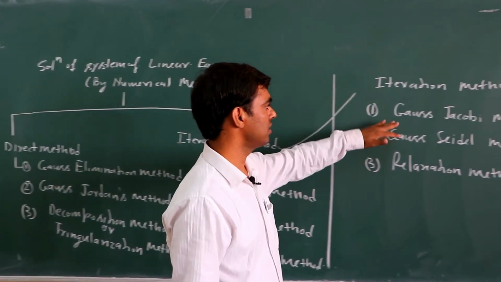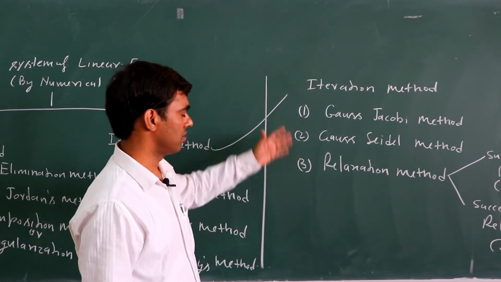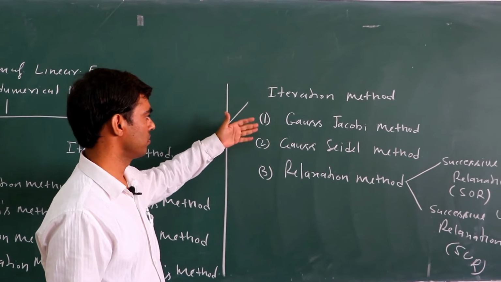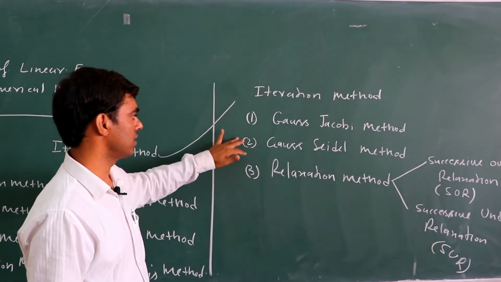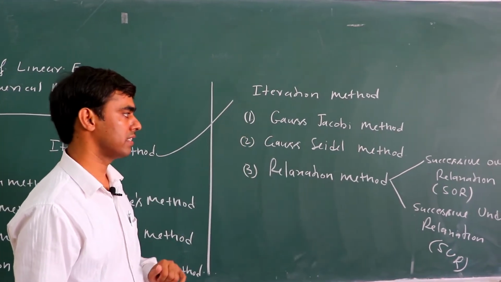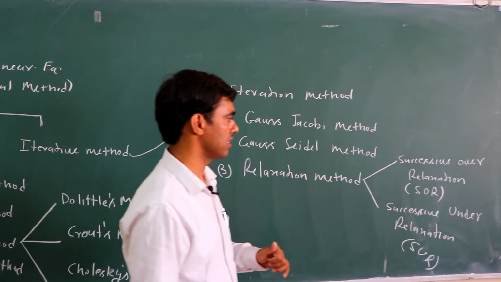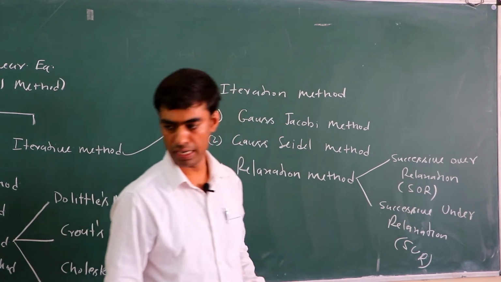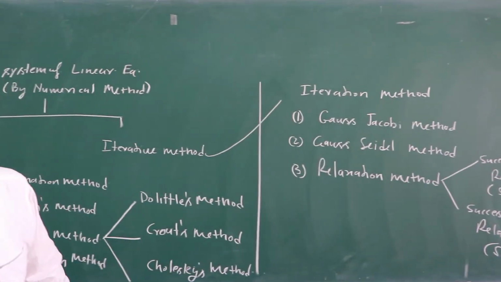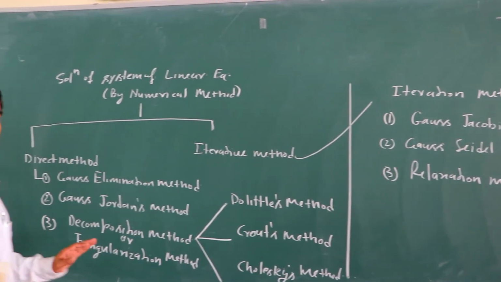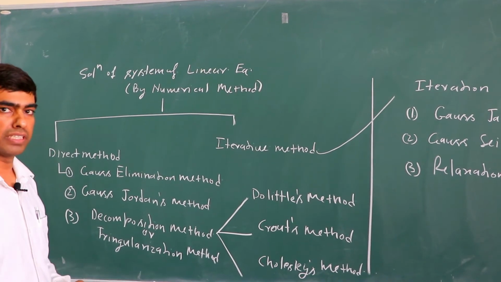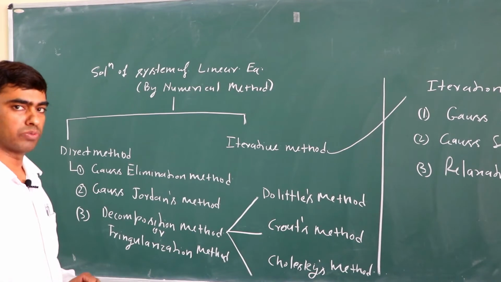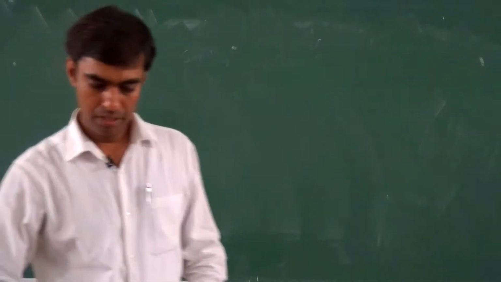Among iterative methods, we focus on Gauss-Jacobi, Gauss-Seidel, and relaxation methods, which are categorized as successive over relaxation and successive under relaxation.